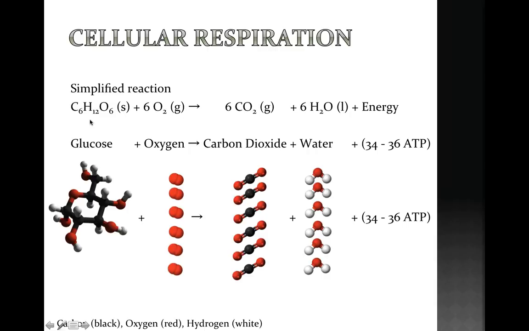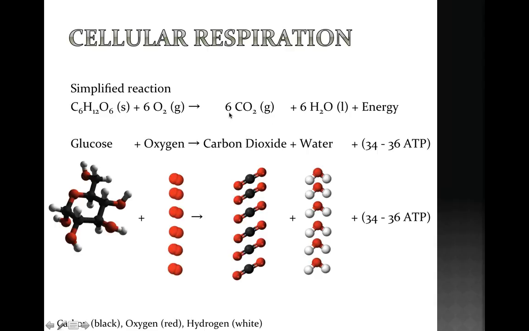The interesting thing is when you go here to the first equation, this is the glucose. The S means this is a solid. Oxygen, the G means that it's a gas. So you combine those two, and the arrow means it's kind of like the equal sign, indicating direction of what you end up with.